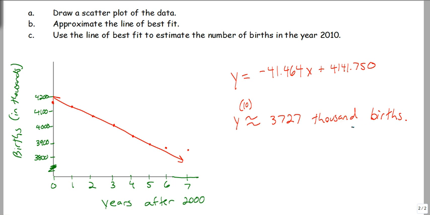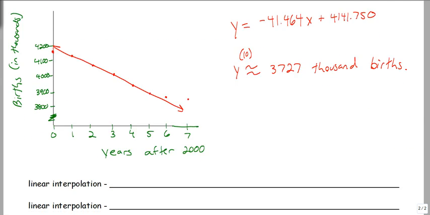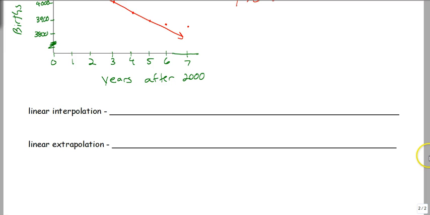Now, it is 3727.1. However, we don't have enough people to go up to the next value, so just round down to 3727,000 births. Okay, and that is how you would use your calculator to get that information. Just plug it in. Again, I'm not going to show you it again because we're running a little long here.